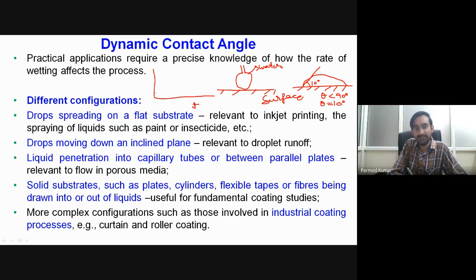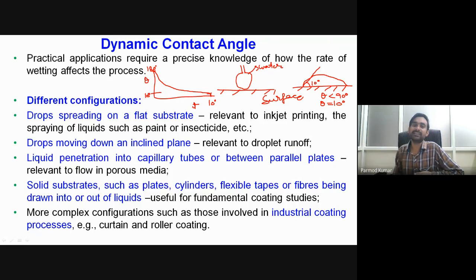When we have this type of physical situation, if I plot the contact angle of the droplet as a function of time, initially it will be 180 degrees, and the final value will be equal to 10 degrees. So over here the value is 10 degrees, and over here the value is 180 degrees.